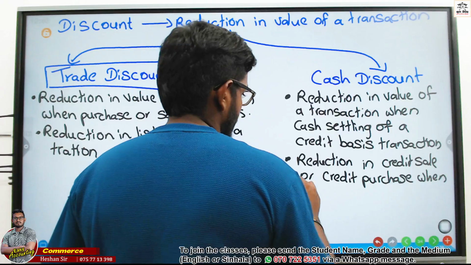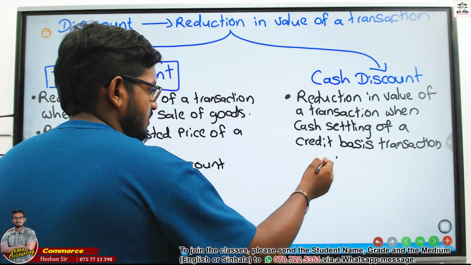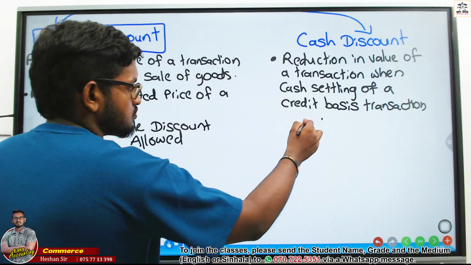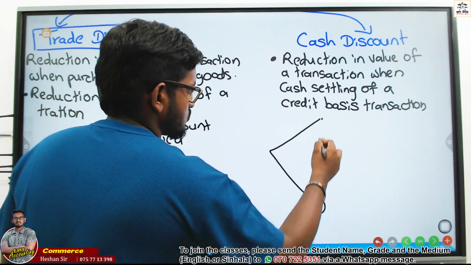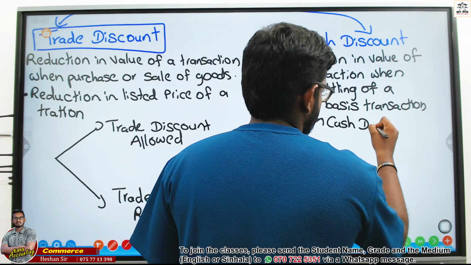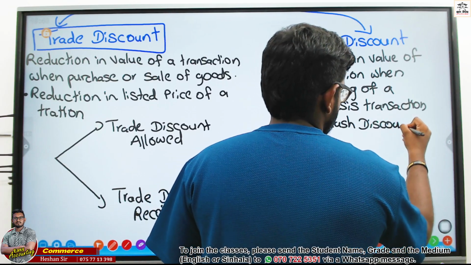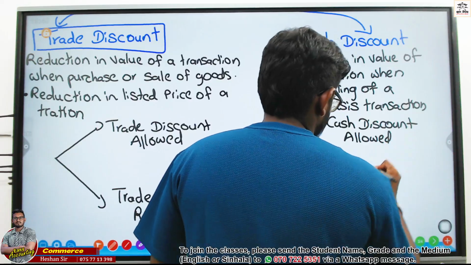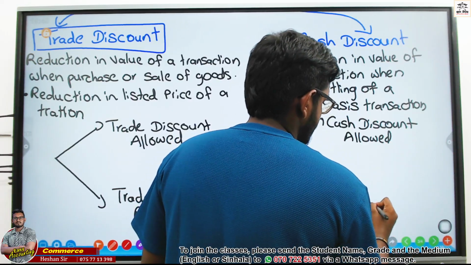This is also we can divide into two: cash discount allowed, cash discount received.